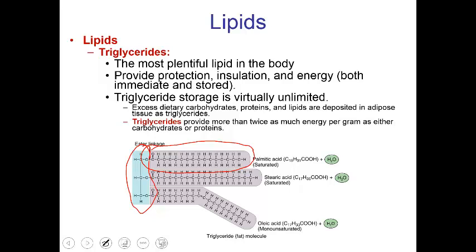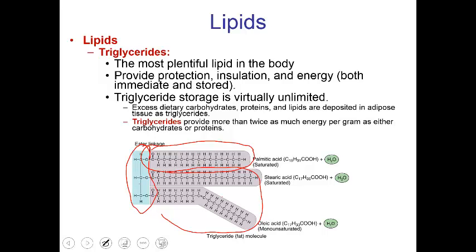If it has 2 fatty acid chains, it would be a diglyceride. And a glycerol with 3 fatty acids, as you can see here in this image, so this is glycerol and these are the 3 fatty acids, this would be a triglyceride.